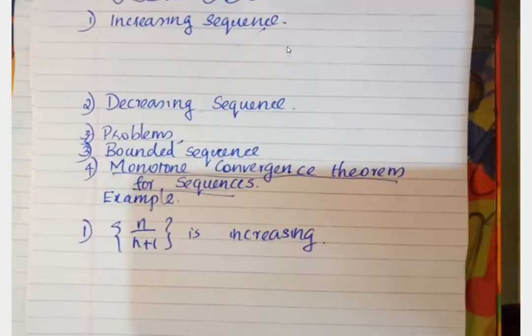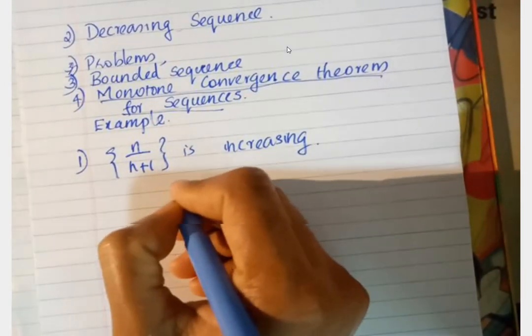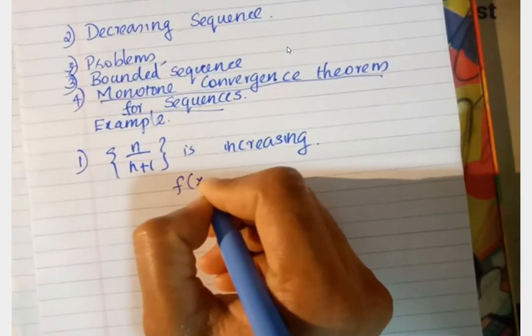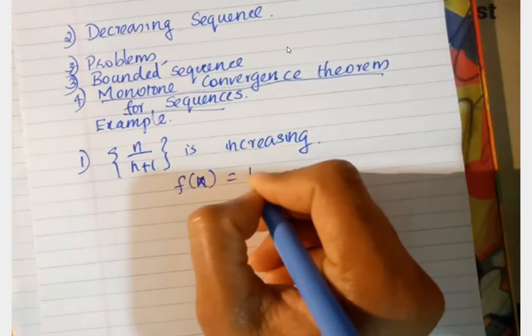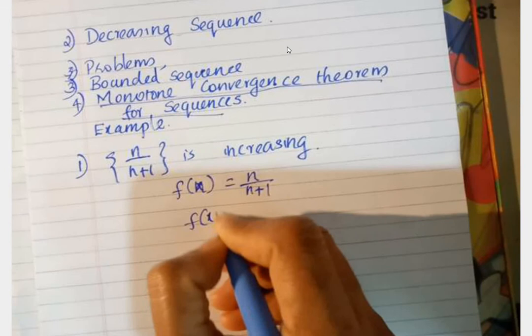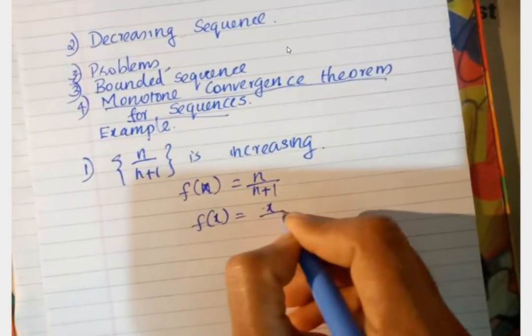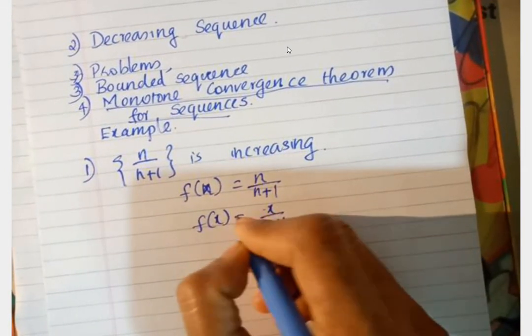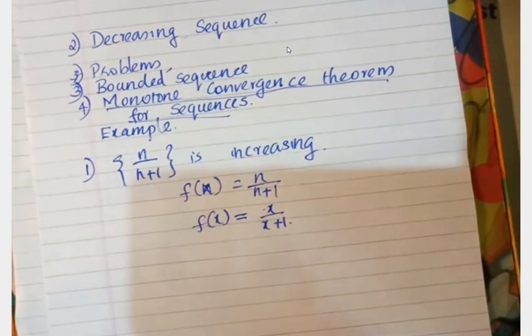We can do one more solution, that is, we have considered f of n equal to n divided by n plus 1. I can replace this as f of x equal to, for the easiness only, I replaced this n by x, x divided by x plus 1.